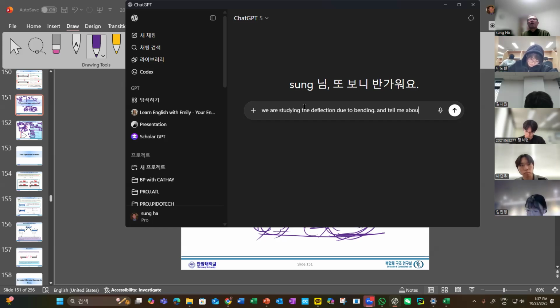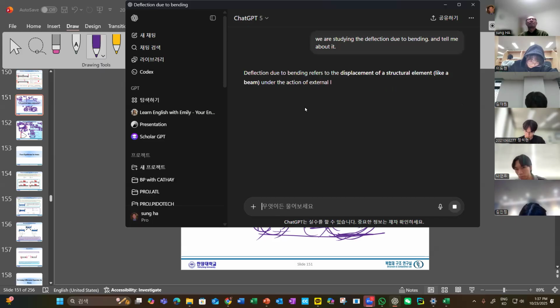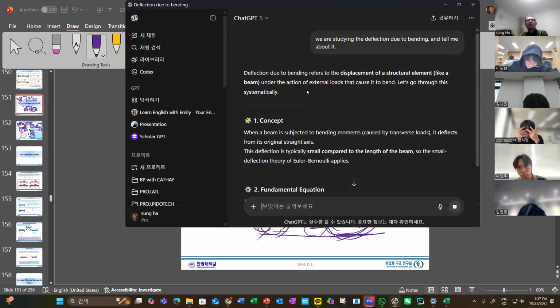Well, tell me about it. Let's see what it says. It says deflection due to bending refers to a displacement of a structural element, like a beam, under the action of an external load that causes it to bend.